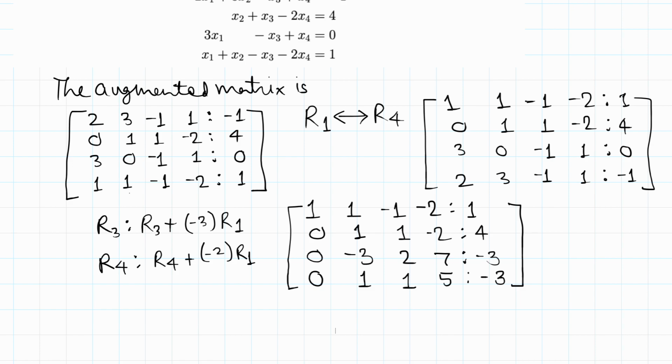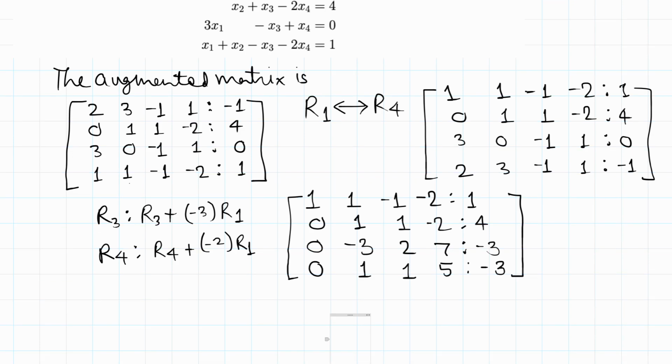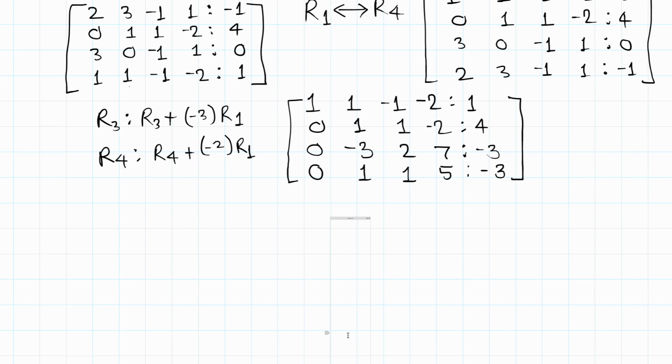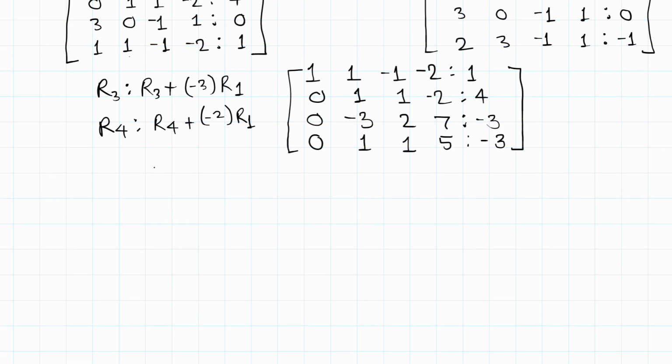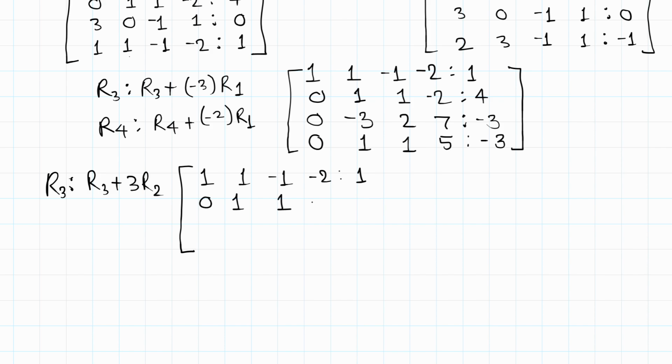So let's do here R3, such that we are making this one zero using the pivot 1. So that is R3 plus 3 times R2. R1 stays the same, and R2 is already good in echelon form.